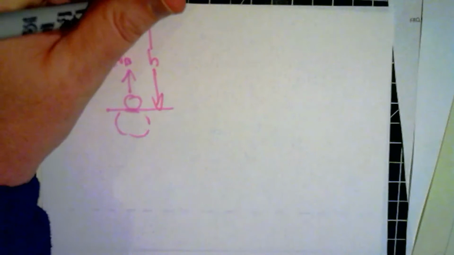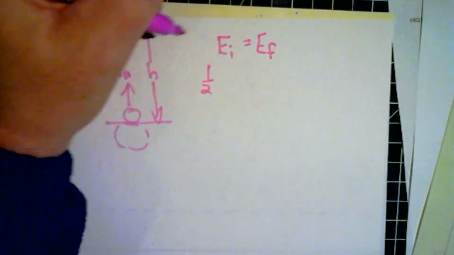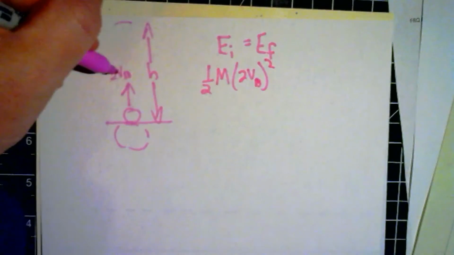Right? In which case the kinetic energy at the bottom will transfer into potential energy. So I'm just going to set up a conservation of energy. E initial equals E final. The initial energy type is kinetic, so it's being launched. It's 1/2 m times 2 VB squared. That's my initial velocity, 2 VB.